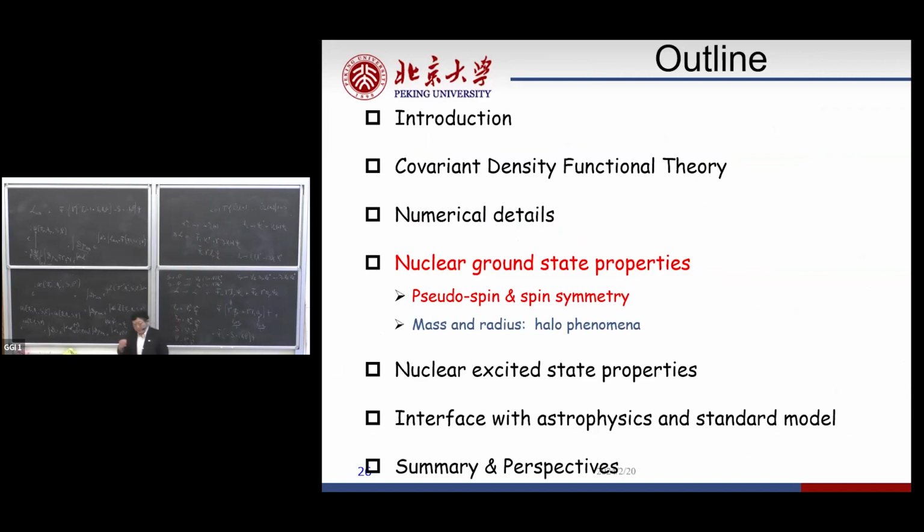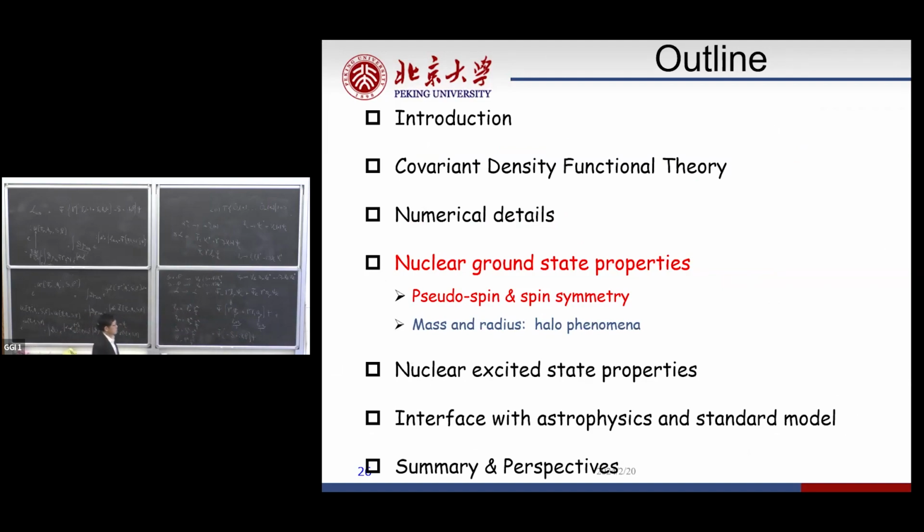As I mentioned yesterday, there are a lot of applications, and at the beginning I tried to cover as much as possible. For example, the ground state properties, apart from the pseudospin symmetry, mass, radius, and so on, then we go to the excitation energy, that means rotational excitation and vibration.